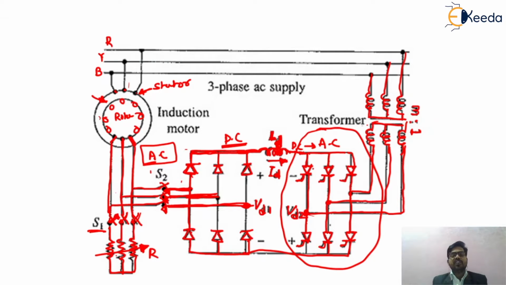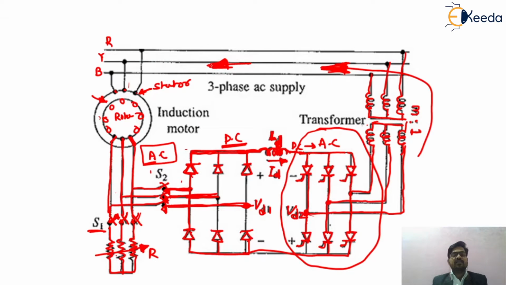Now by changing the firing angle of your inverter circuit, we can change the value of your slip power, and now this slip power is again fed back to your supply. In this way, the slip power recovery scheme will work, and this is the actual working principle, or the detailed working, of your static Scherbius drive.